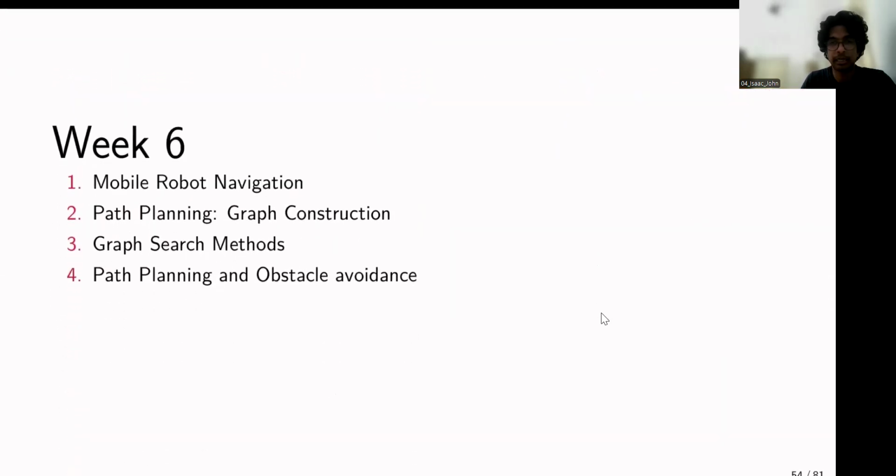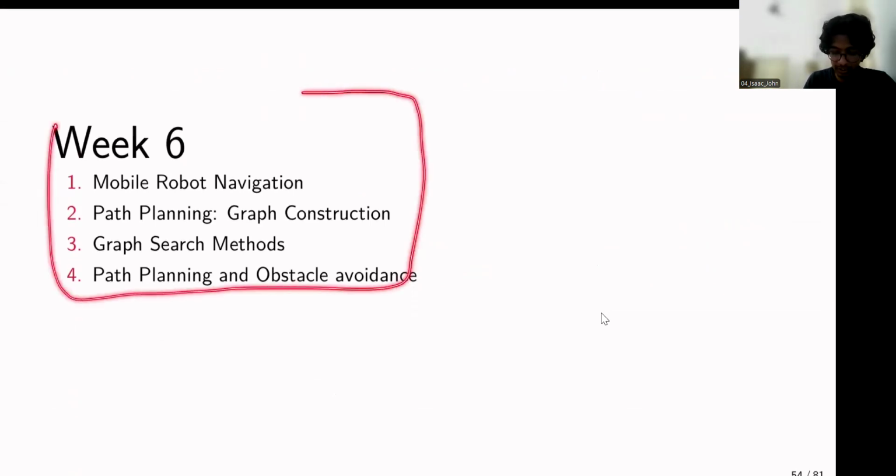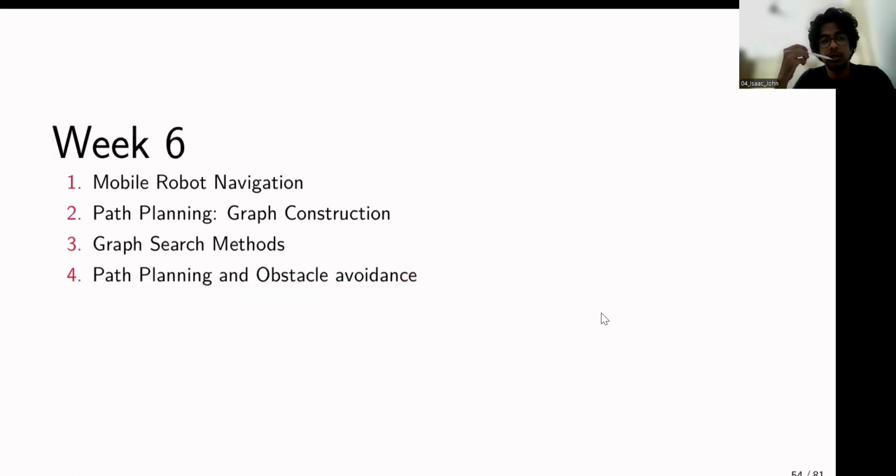I think our time is up. For week 6 and week 7, I would suggest you refer to the weekly lectures, and if you have any doubts, you can always let me know. In week 6, we see several aspects about methods of graph construction, how to construct a graph.